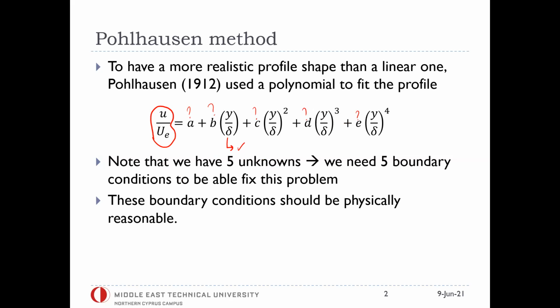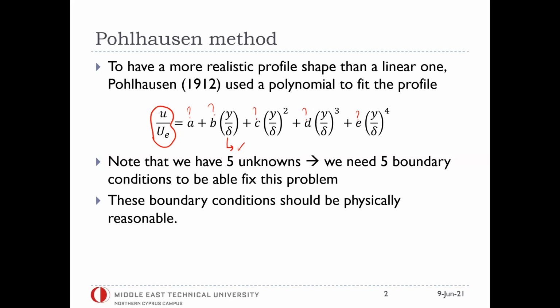So we have 5 unknown coefficients, and in reality these unknown coefficients can be estimated as a function of some parameters based on the boundary conditions themselves. Which means that, first of all, okay, Polhausen, you can go ahead and assume a fourth order polynomial, but physics tells you, hold on for a second, this cannot be any fourth order polynomial.